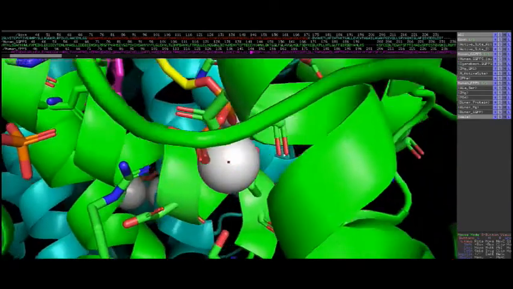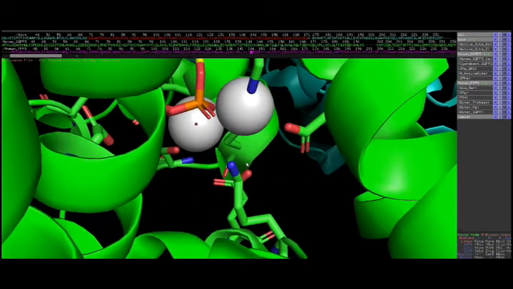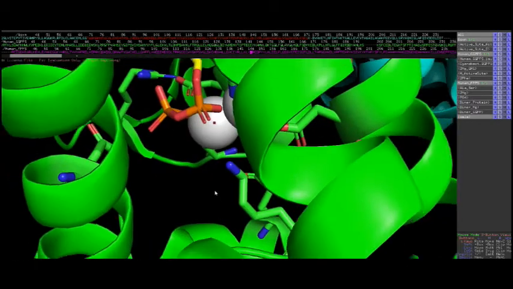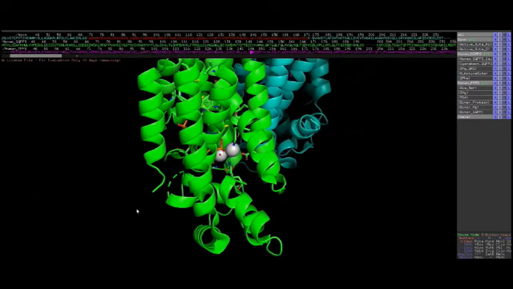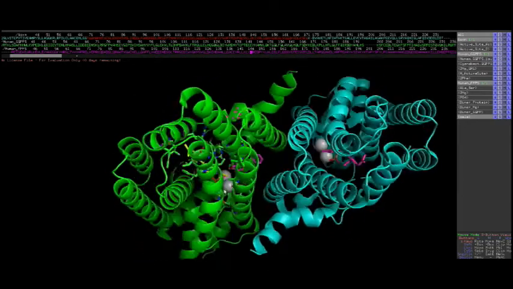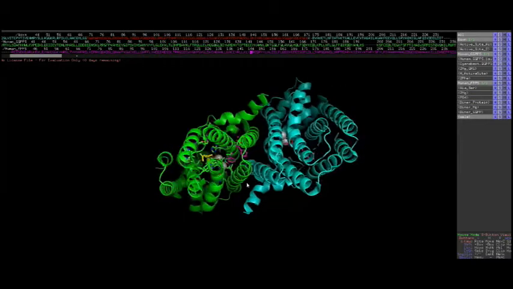Yeah, and so we have a lysine right here, which seems like it's possibly coordinating with the pyrophosphate. So anyway, that is the Geranylgeranyl pyrophosphate. We can see that it's forming this dimer here.